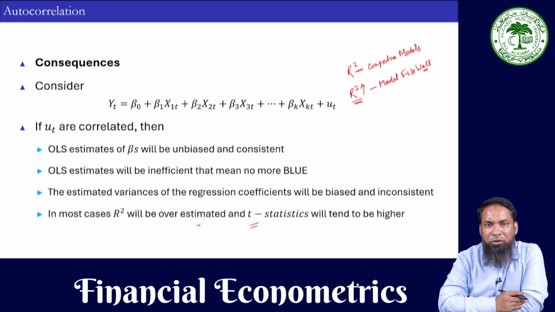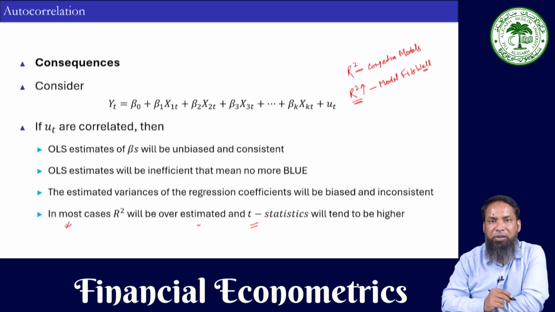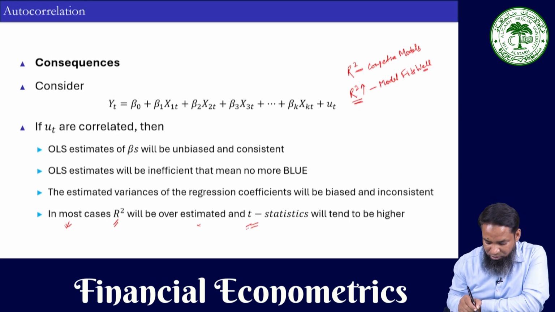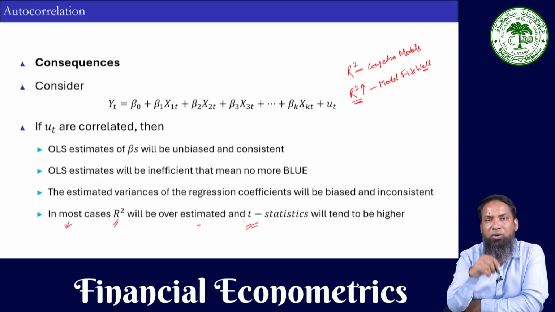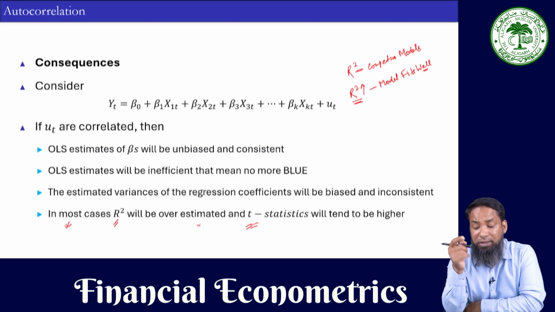However, we have to be very cautious if we have a high R square and also a high t, because when we have the problem of autocorrelation, R square will be high and the t statistic will also be high. So, it may not represent the true relationship; rather, due to the presence of autocorrelation we may have a high R square as well as high t statistics.